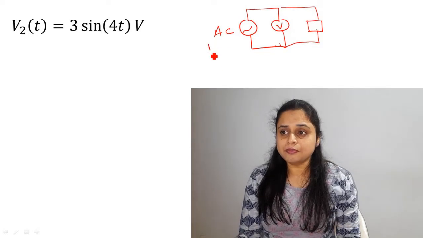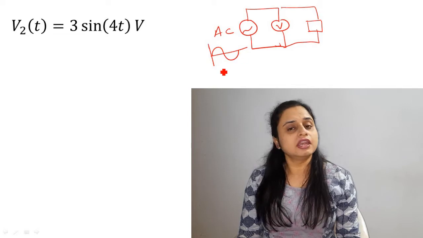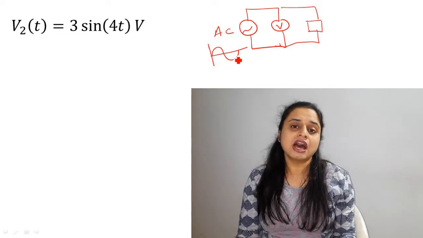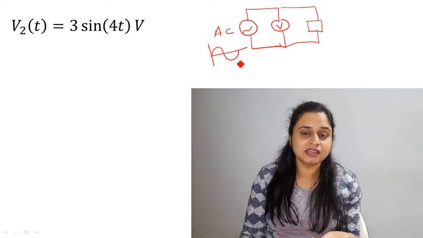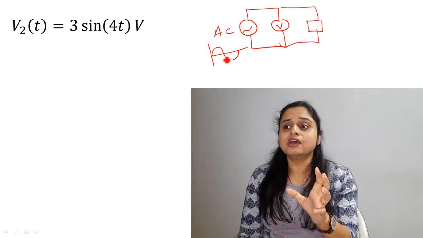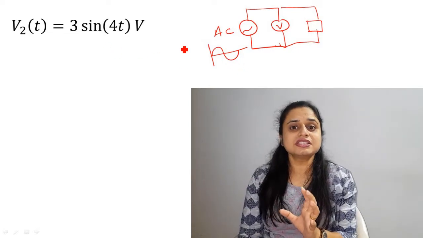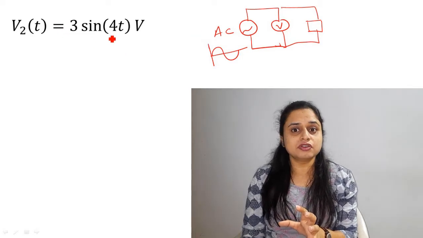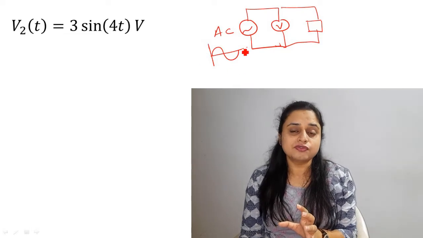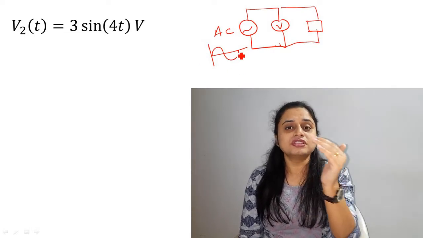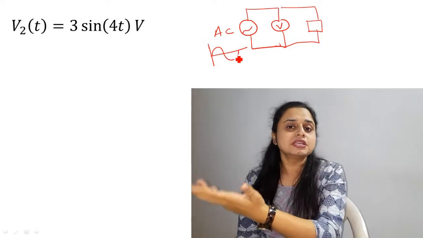We know that AC has a positive and negative half cycle. Both cycles are the same, but in opposite directions, because one is positive and one is negative. So when we take the average of this waveform, the sine waveform, the average of the positive and negative half becomes 0.